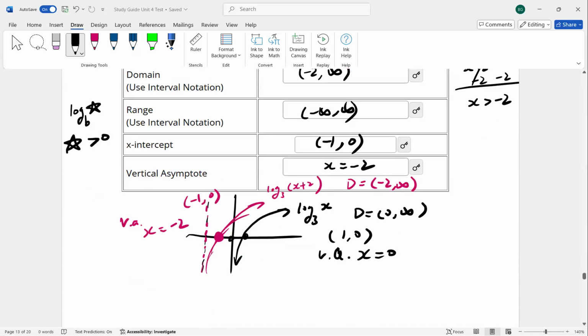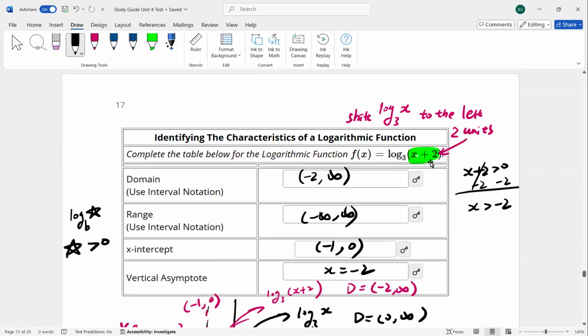Like if you know the black curve that represents this mother function, log with base 3 of x, is a log growth function, and you know it's going to move to the left. This is also a tricky part, where the common mistake occurs. To the left 2 units, okay, it's not to the right 2 units.